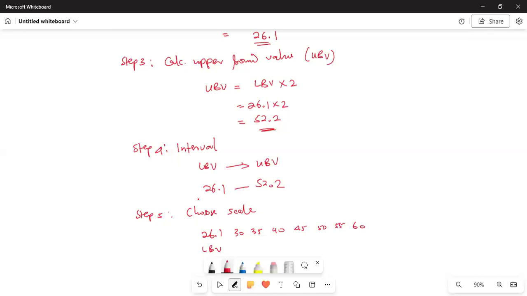We can only go up to 50, and then the upper bound is 52.2. This is the upper bound value. So essentially, any value within 26.1 to 52.2 is possible.